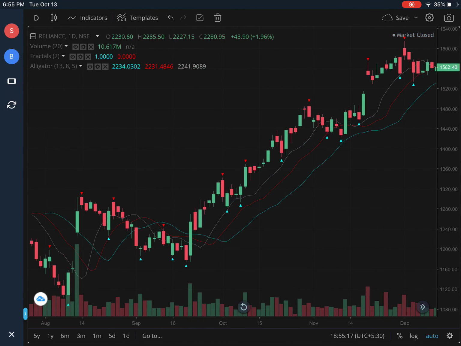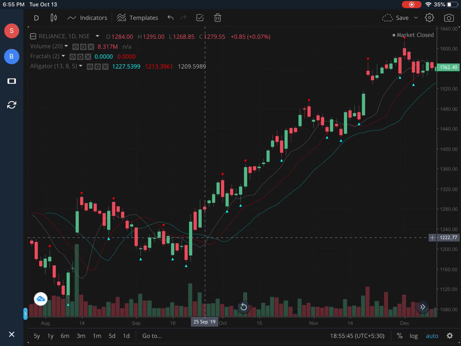In this chart you can see in the month of September 19, the price of Reliance was around 1150, and the three lines were intercrossing at that time. After that, somewhere over here you find that the alligator lines are pointing upwards.